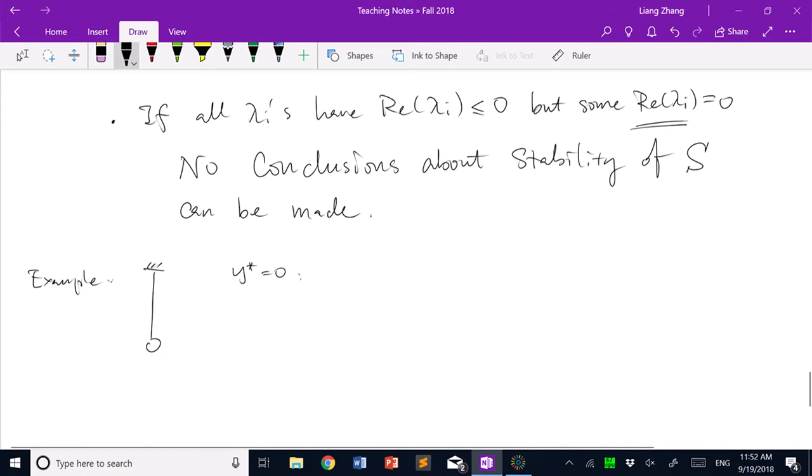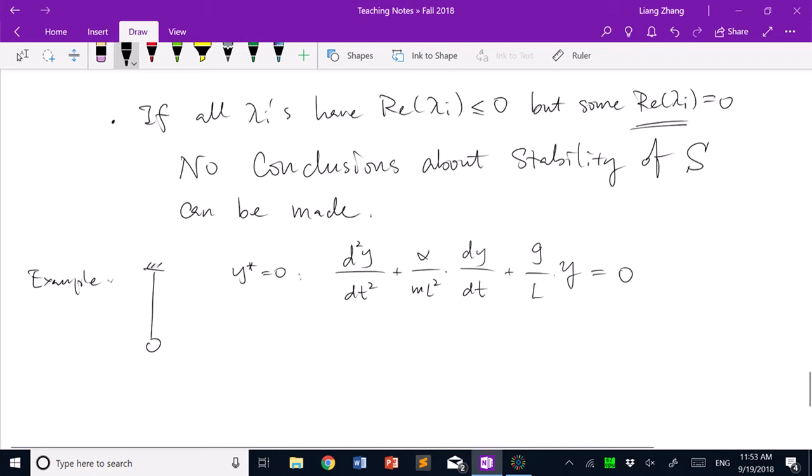At this equilibrium, the linearized system is what? d squared y dt squared plus alpha over m l squared times, I'm sorry, times dy dt, plus g over l times, when you linearize it, it becomes y. And you can plug in all different values of l, m or alpha.